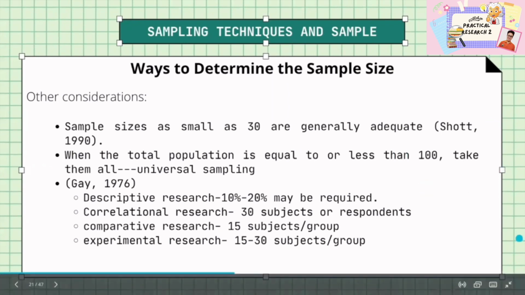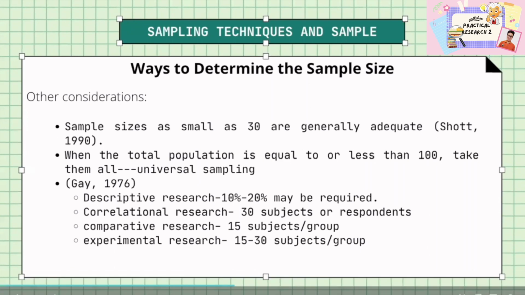So you don't really need plenty of them, but I just want to remind you that in quantitative research there is a mantra that when you have a larger sample size, the more reliable your research findings will be.